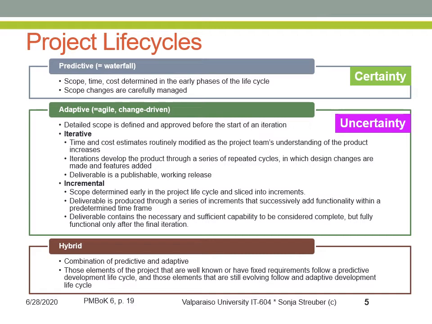What I have seen most in organizations is a mixture of the two models, of predictive and adaptive, into a hybrid model. Here, parts of the project are managed as waterfall, especially when it comes to the early nailing down of scope or to the closing phase.